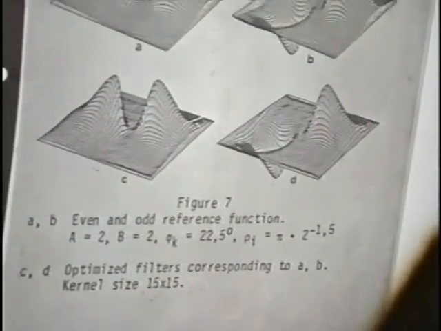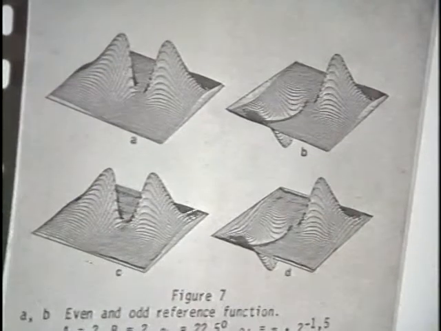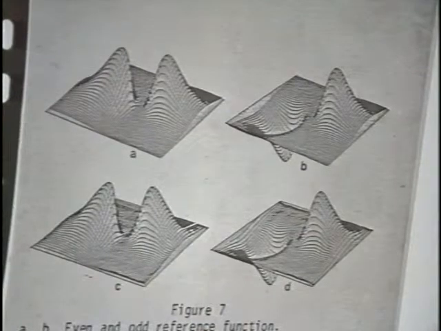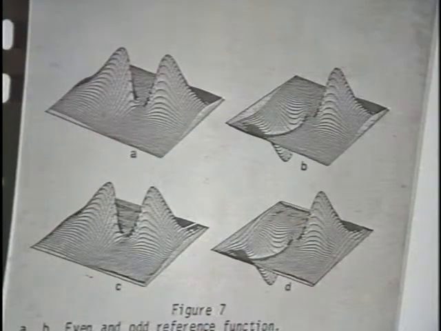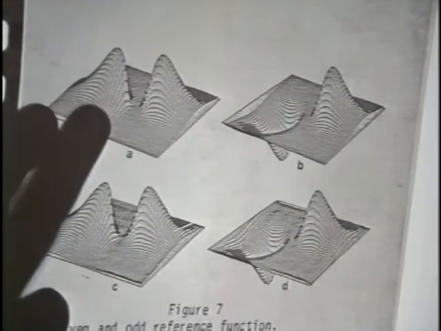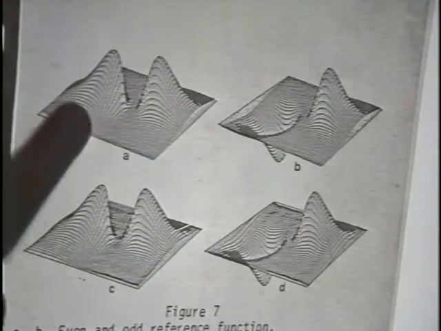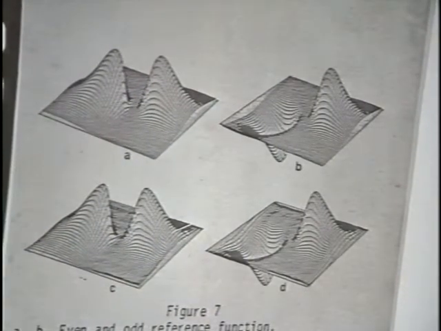And I can show here a couple of such Fourier filters. These two filters are called quadrature filters. They represent a partitioning of the original function into an odd and even part. So you have a cosine component and a sine component, and the sine component corresponds to an edge detection, and the cosine component corresponds to a line detection.